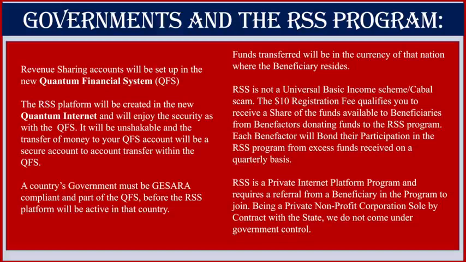If something else comes along with the UBI, it's only an addition to what the RSS is giving you, and it has nothing to do with us. So it'll just be if it comes about and it's good, then good, fine.